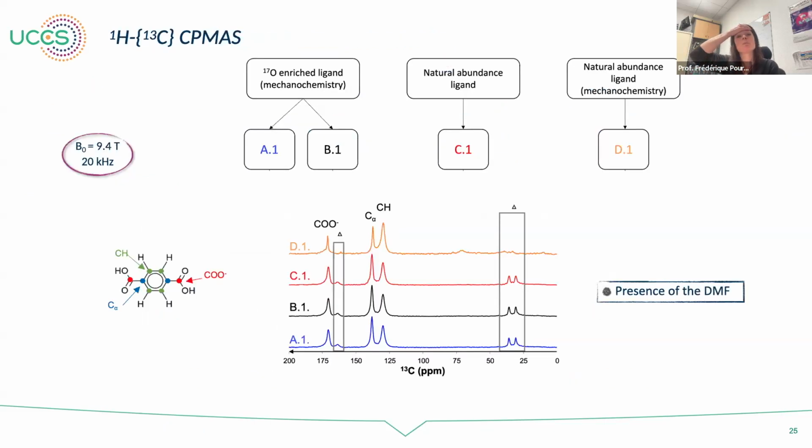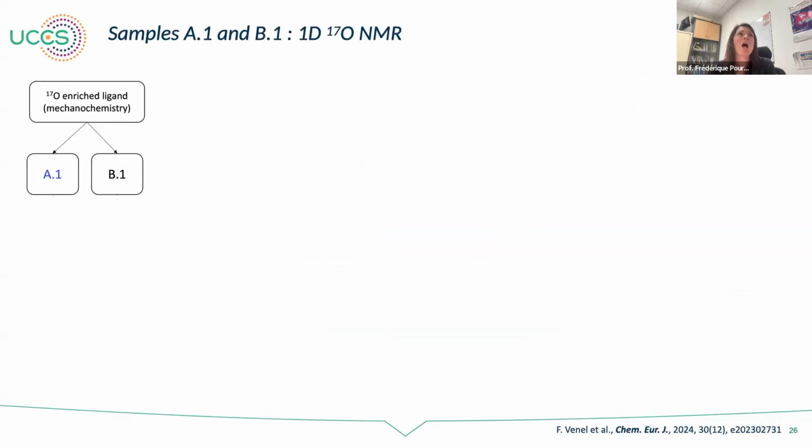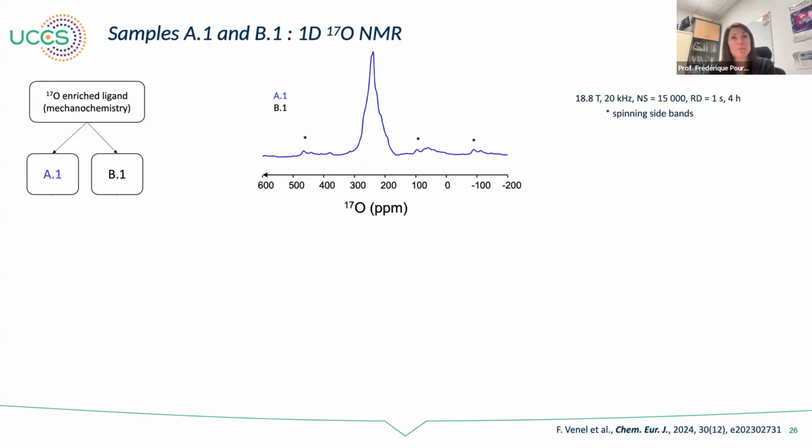First, we did the carbon-13 NMR for the 4 samples, and you can observe that we have the 3 different carbon-13 sites, and you also observe the DMF as usual. For the oxygen-17 experiments, we did samples A and B, not C and D, because they were not labeled.